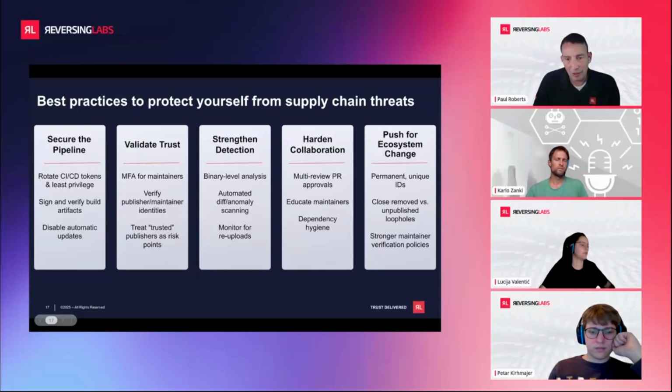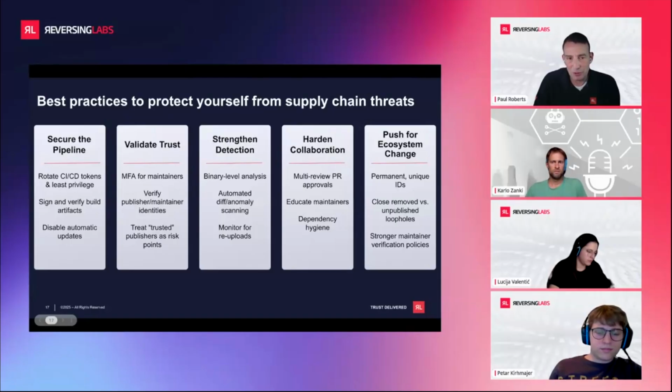And Petar, we talk about dependency hygiene. What are your thoughts on how developers should be rethinking reviews and verification of the code dependencies they've got? Well, developers should review each new dependency they plan to add. They should not, as Karlo said, automatically update everything straight away if it's not needed, if it's not some kind of vulnerability fix.